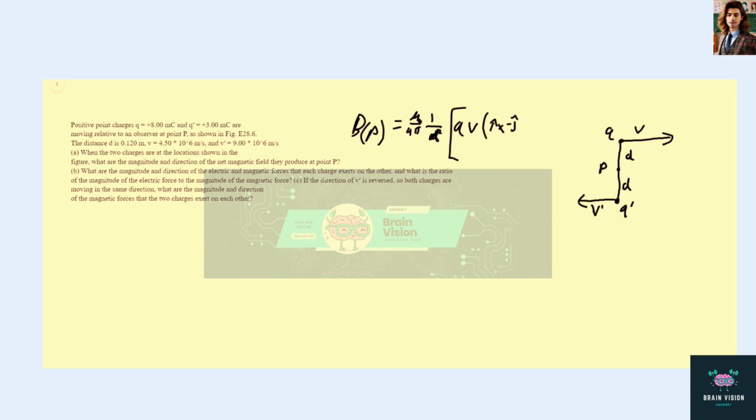That's the unit vector for the velocity crossed with the r hat vector, extending from the point q to p. Okay, and then that's going to be added to q prime, v prime, charge, velocity, and then it's going to be negative i hat, it's going left, cross with positive j hat. So negative i hat cross with j hat.